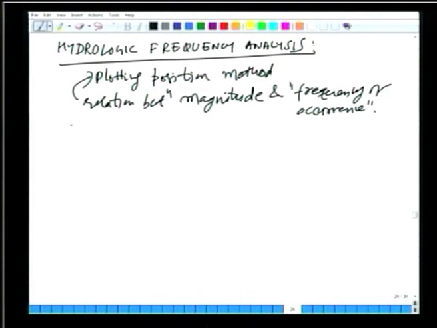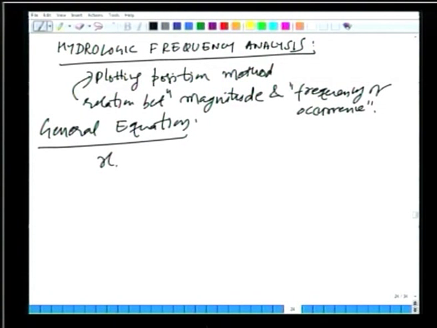Now, what we are going to do is look at a general framework of this frequency analysis. We will write down a general equation and then we will look at some specifics. It says that x_T is equal to x bar plus K times sigma.